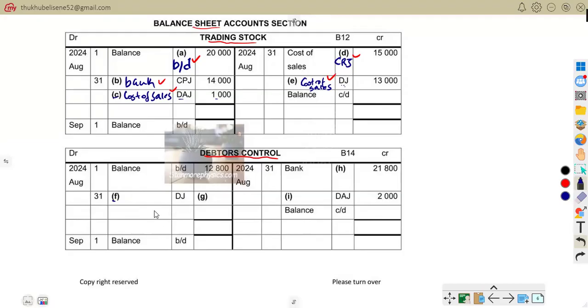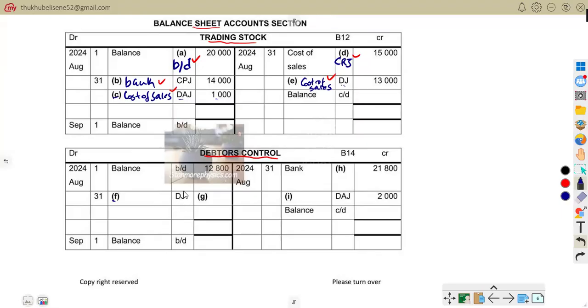The debtors journal records credit sales, goods that we sold on credit. So when you sell on credit, customers owe you, and that increases debtors.